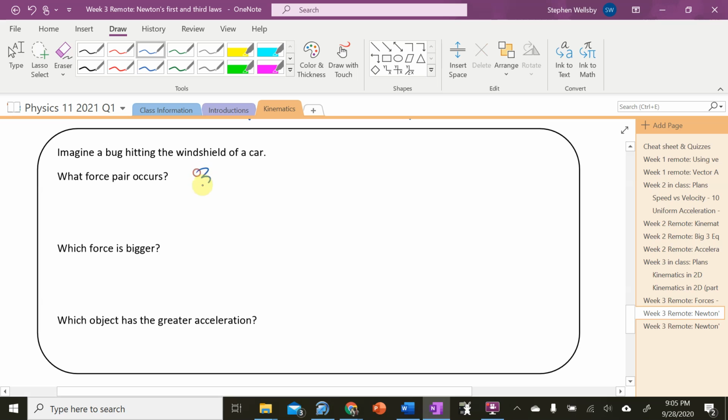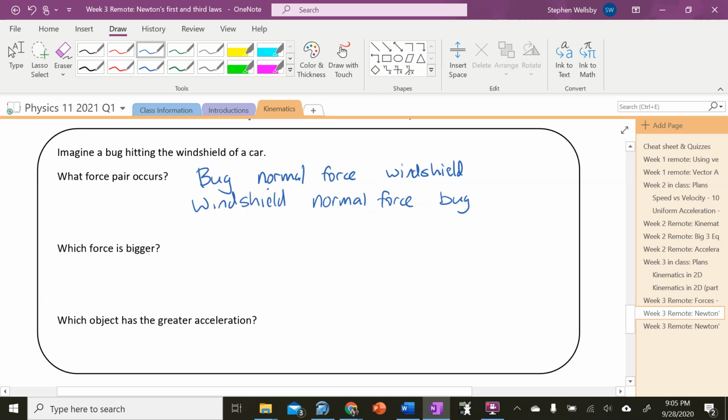In the first case here, the bug has a normal force on the windshield, and likewise the windshield has a normal force on the bug. Which of these forces is bigger?